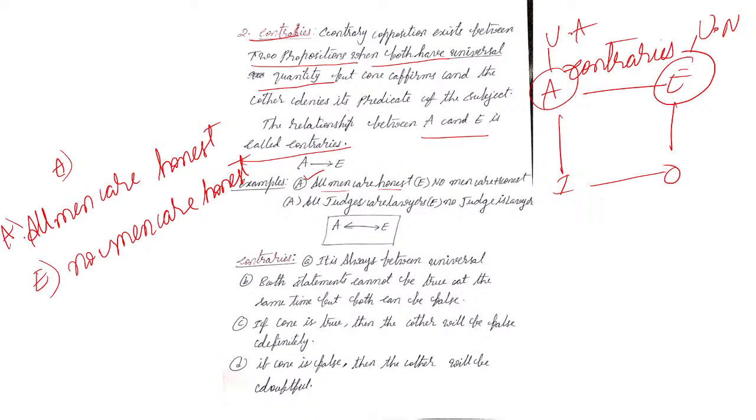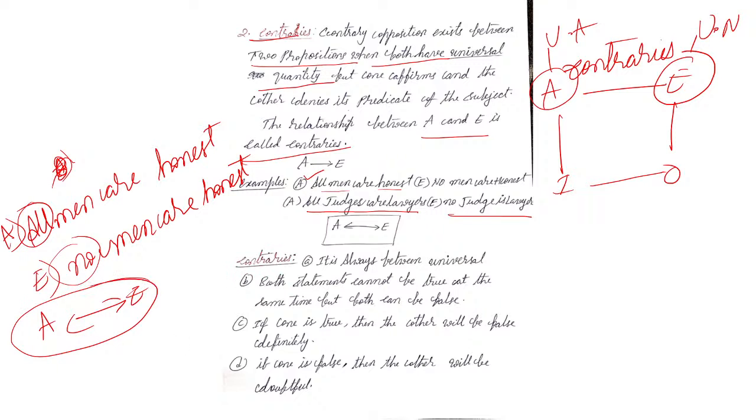Okay, this is A type statement and this is E type statement. We already know, all, none, all, no, these are the keywords. One more example is all judges are lawyers, no judge is a lawyer. The relationship between A and E is called contrary.